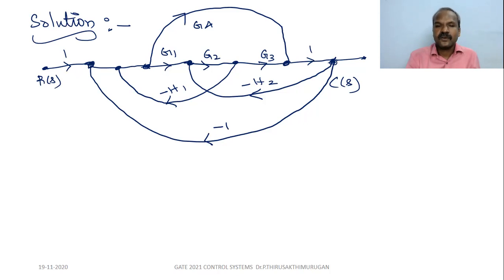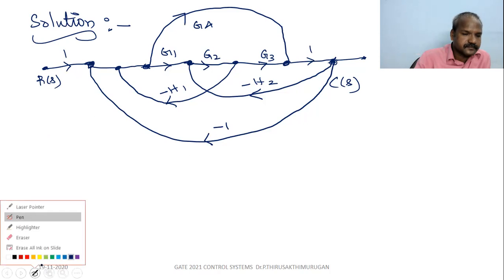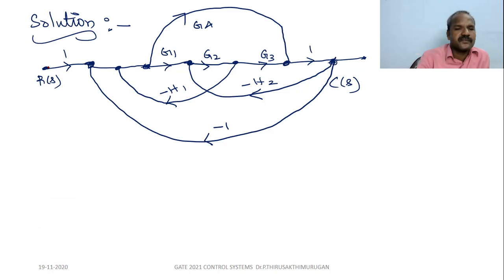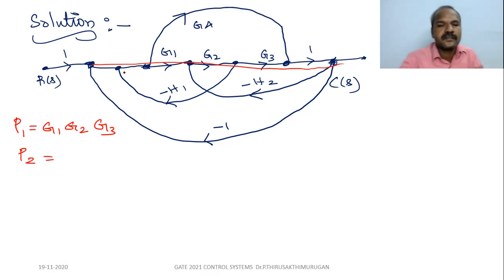Clear? So now let us find the number of forward paths. How many forward paths starting from R of S? This is the straight forward path, so P1 equals G1, G2, G3. What is another possible forward path?